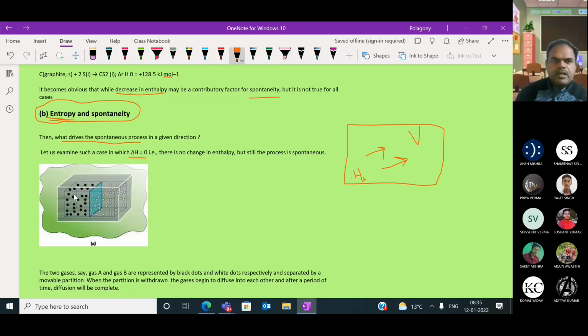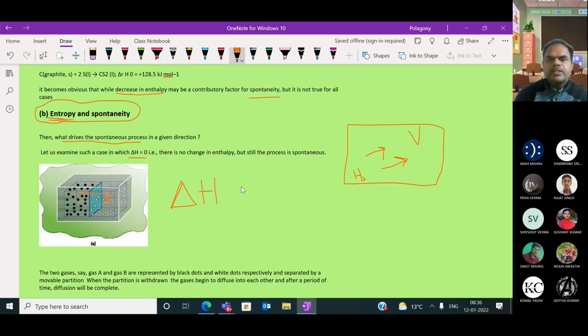That means in a closed system, the gas is filled on one side, separated by a partition, and if you remove this partition, what happens? The gas molecules spread and occupy the entire volume. And in this case, enthalpy change equals 0. Delta H will be equal to how much?